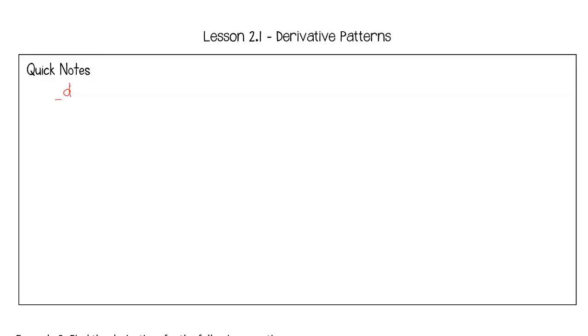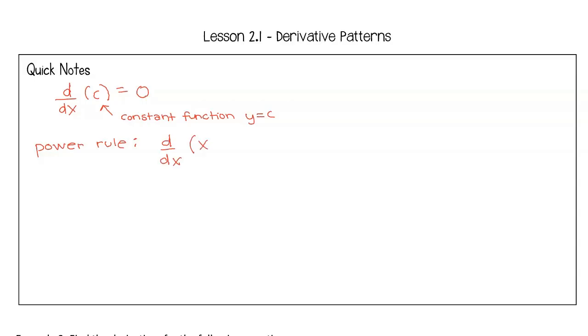All right, let's put all these notes together. The derivative d dx of c, or constant, y equals c, this is going to be 0. Then the power rule that we learned says that d dx of our function x to the n is going to be n times x to the n minus 1, as long as n does not equal 0.